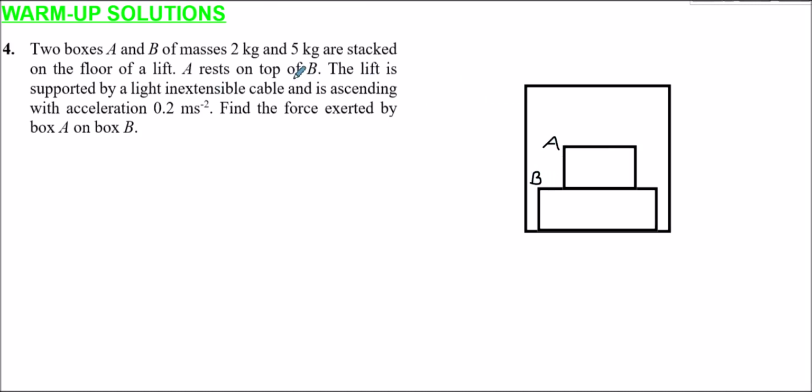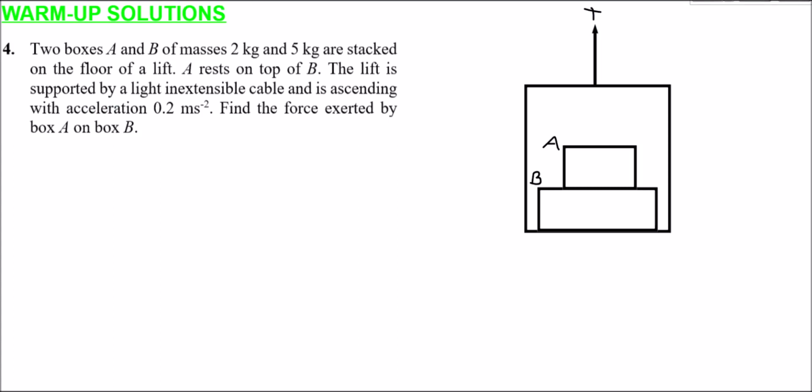So it says the lift is supported by a light inextensible cable and is ascending. It's going up. Fancy word for going up, with acceleration of 0.2 meters per second. So actually there'd be a force pushing it up. That'll be a tension force, so I'm going to label that T. Also, it's accelerating upwards with 0.2 meters per second.